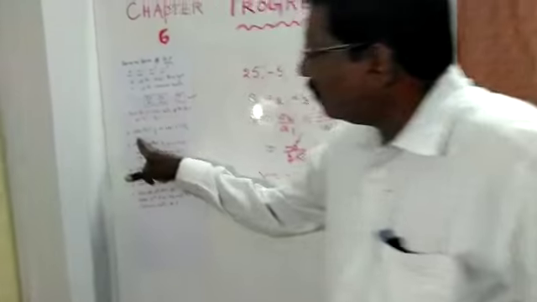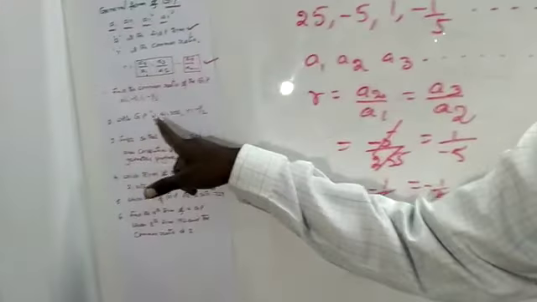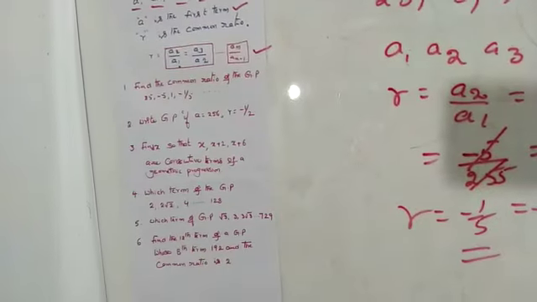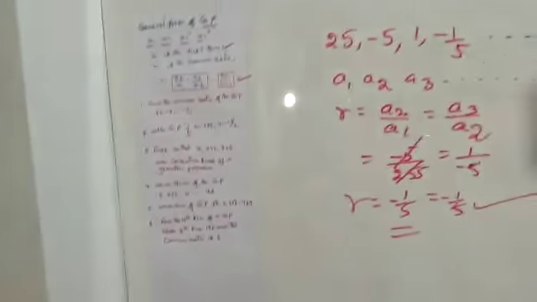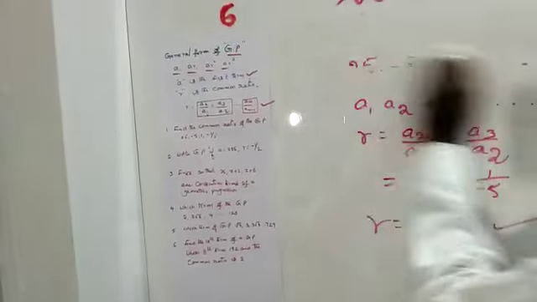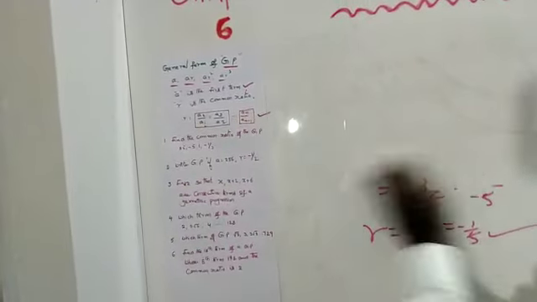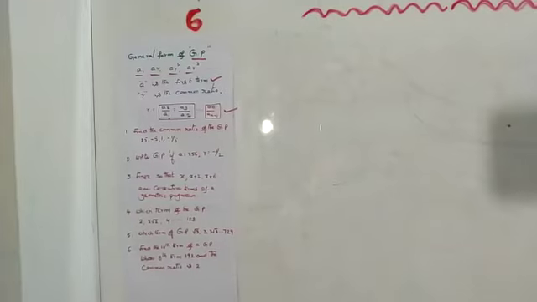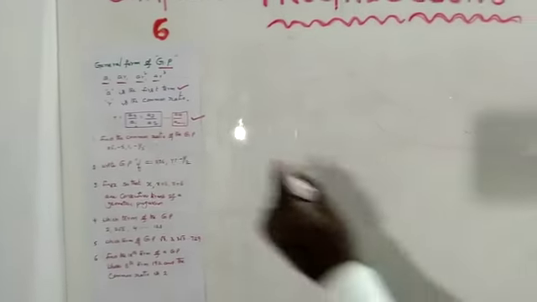Next one: write the GP if a is equal to 256 and r is equal to minus 1 by 2. So you have to take this first.